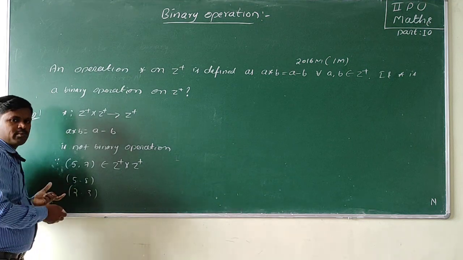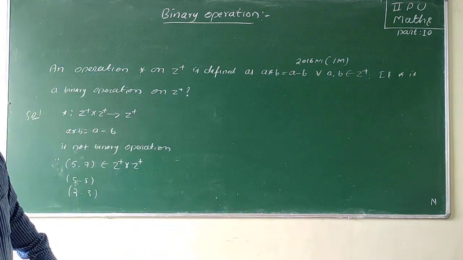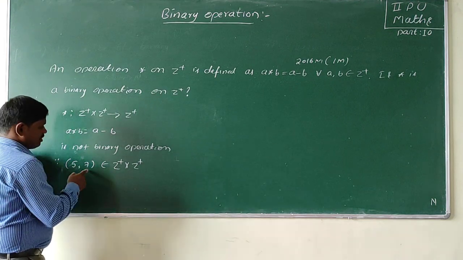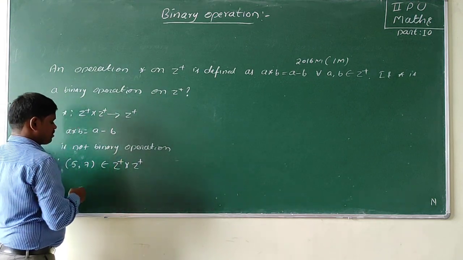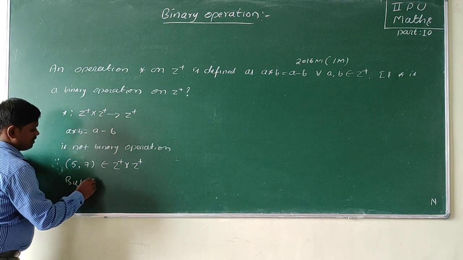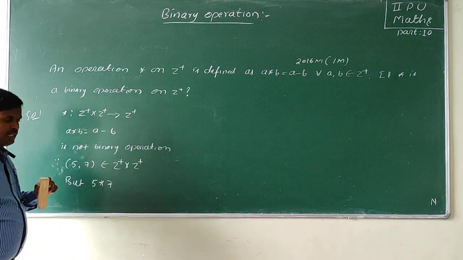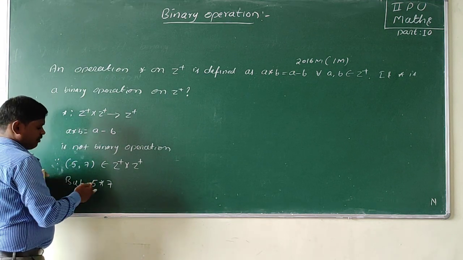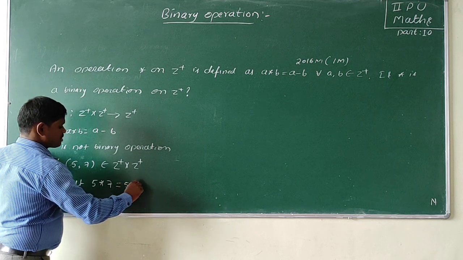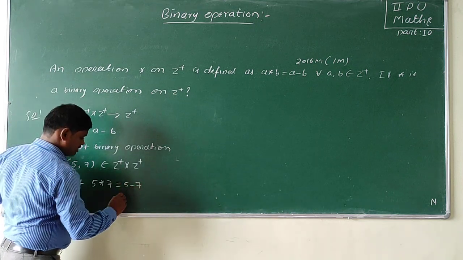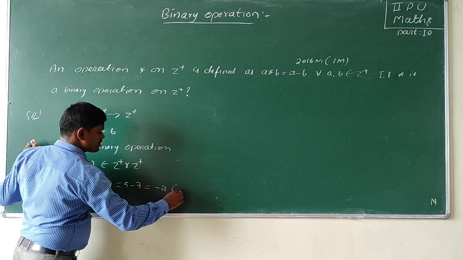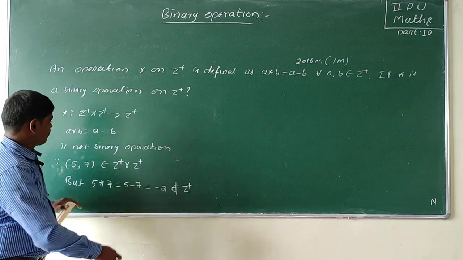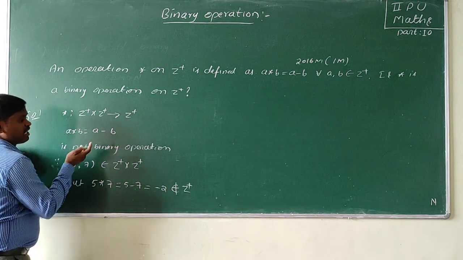But 5 star 7 is 5 minus 7, which is minus 2, and this does not belong to Z plus. Therefore, this is not a binary operation.